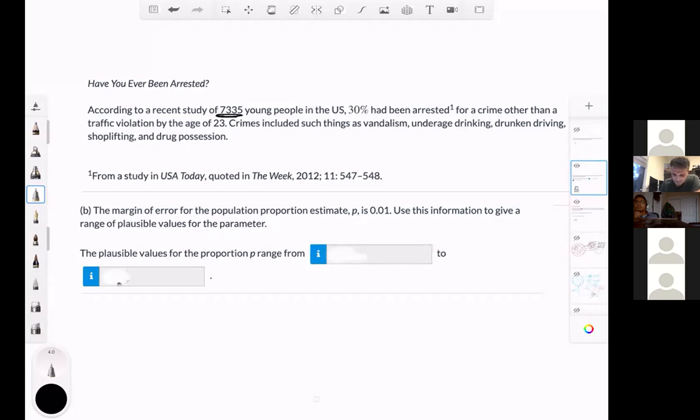So this is our sample. This is our n, correct? This is our x bar, for example. 30% has, this is a sample average. We learned the margin of error is 0.01. The formula says x bar plus minus 2 standard errors.